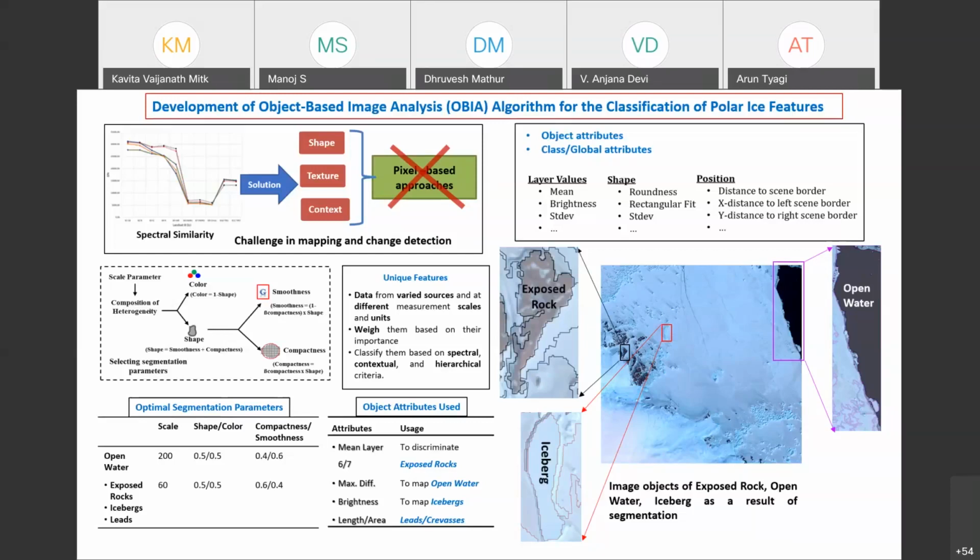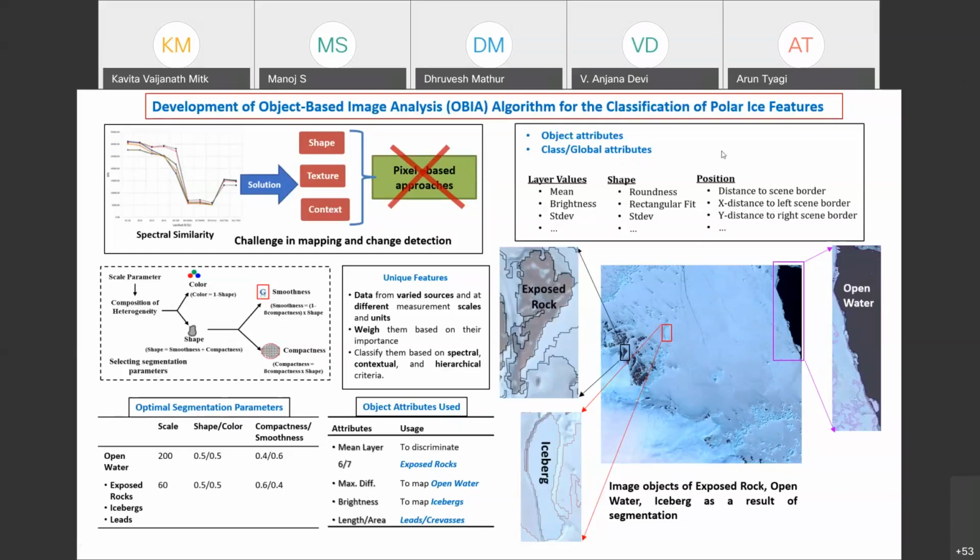This is the preliminary study that we did using the Landsat data. So as we can see, it is not just using the spectral properties, but it is also using the shape, texture, and context, and other spatial attributes to map the features.